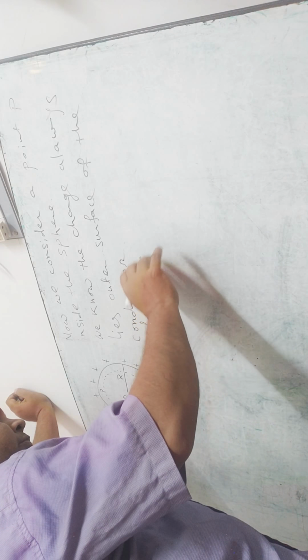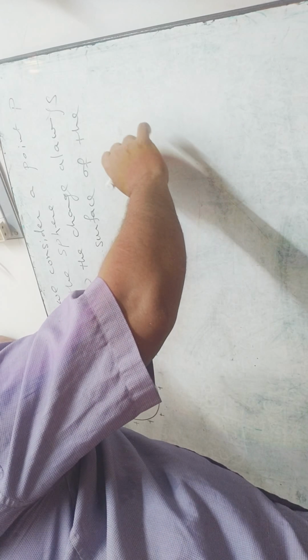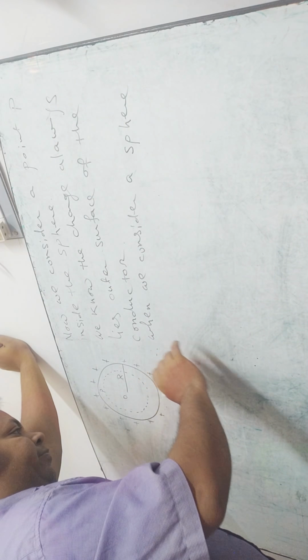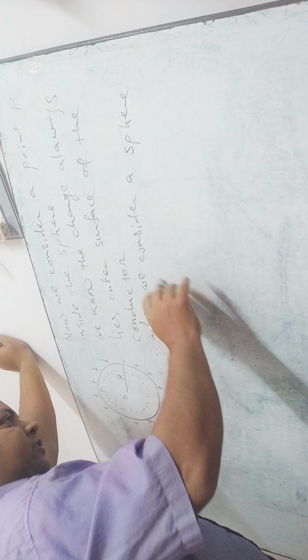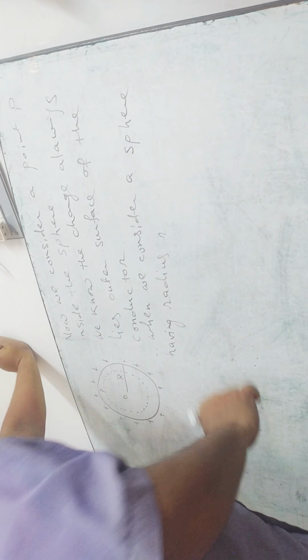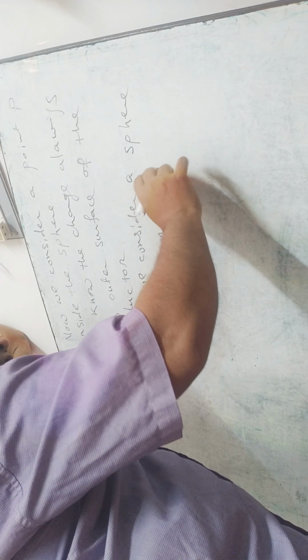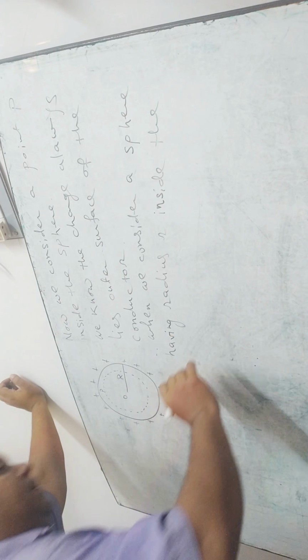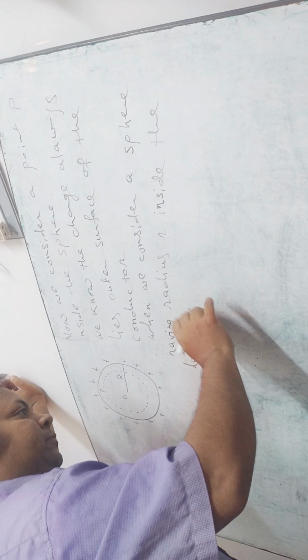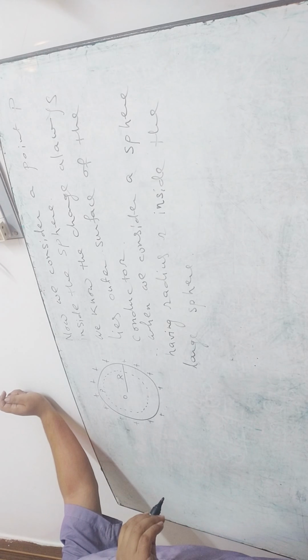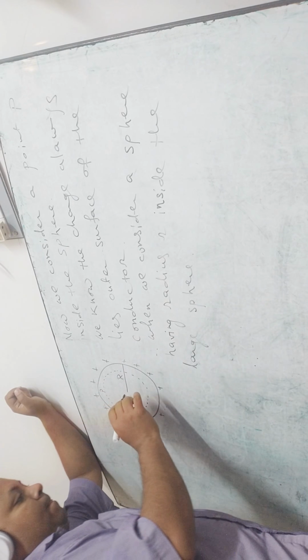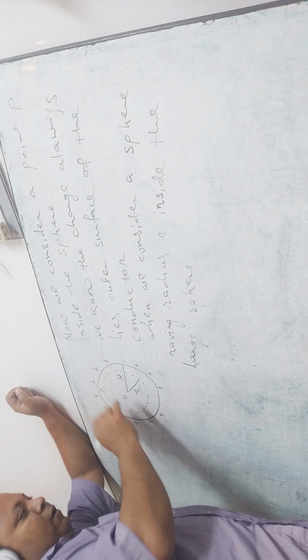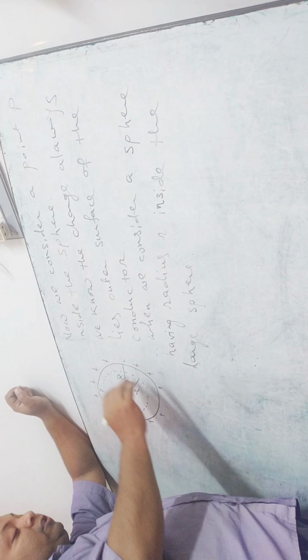Therefore, when we consider a sphere having radius small r inside the large sphere, the radius of the small sphere is smaller.